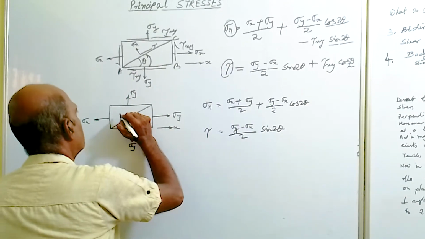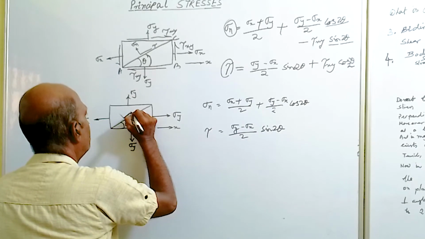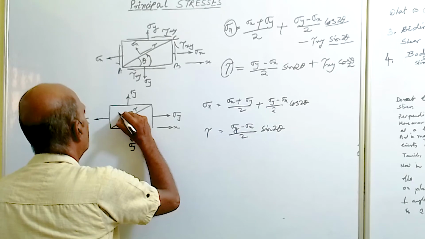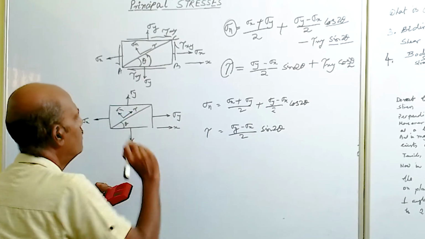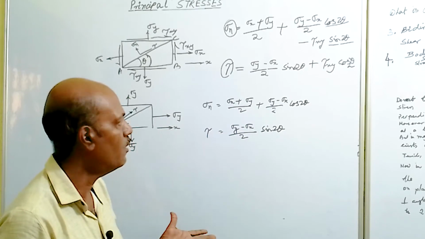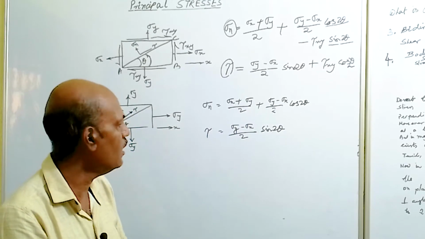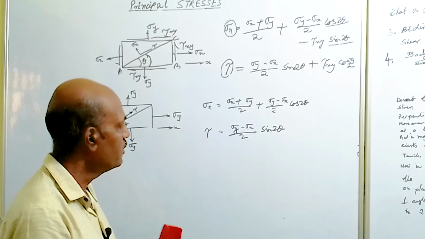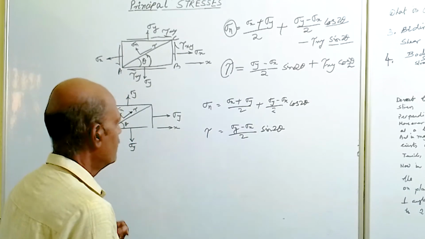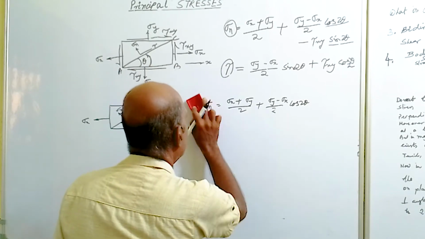That means on inclined plane, sigma n and tau are developed, so that sigma n can be expressed by (sigma x plus sigma y)/2 plus (sigma y minus sigma x)/2 cos 2 theta, and tau is given by (sigma y minus sigma x)/2 sin 2 theta.